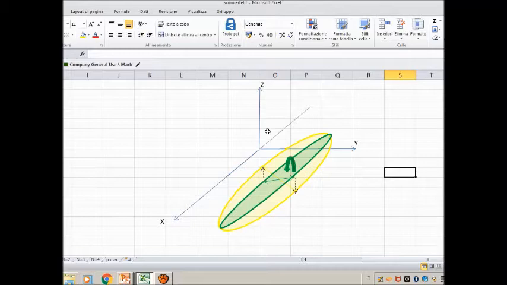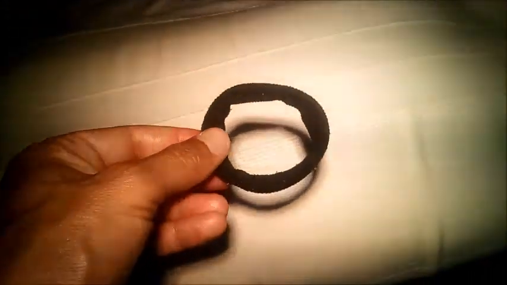Let me show you what I mean by going to this heuristic example. Let's look at what we see here. If I take something that is almost circular, like this one, look at the shadow.